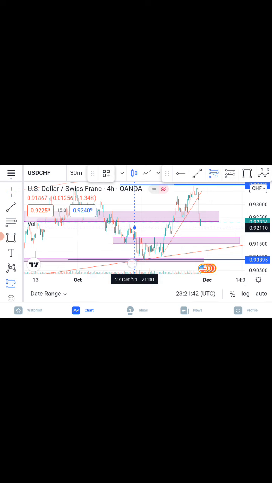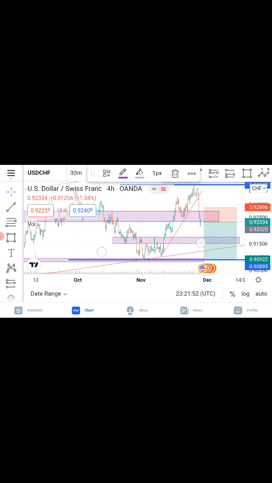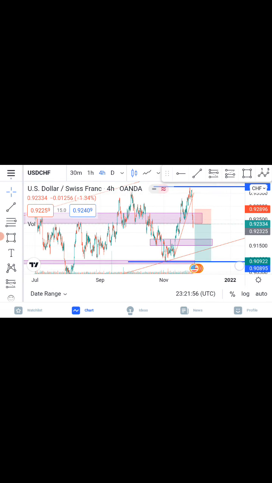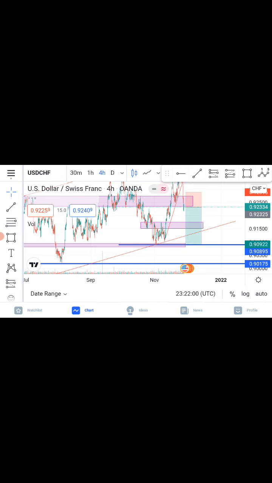Then I would sell USDCHF from there to there, my first target. Then if it's a breakout retest again, sell it to this level. Remember how I marked these levels, because these levels are the ones that help me in constructing my direction of the market.